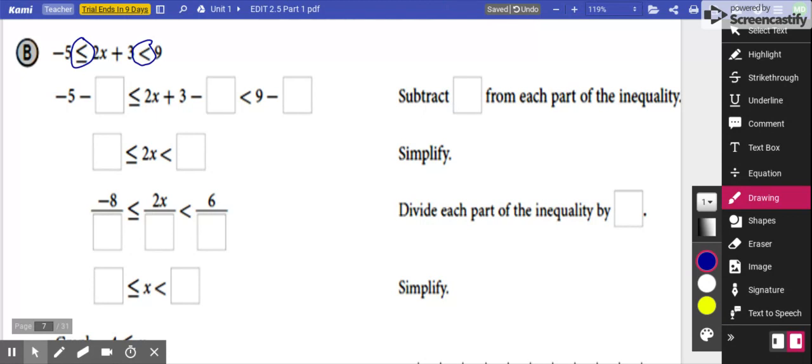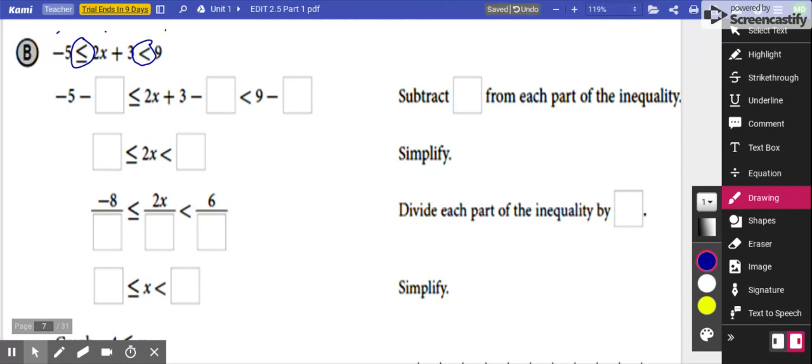If you do not want to separate them into two inequalities, we're going to do all of my steps at the same time. Whatever I do to one piece of my inequality, I have to do to my other pieces as well. So I have my left piece, my middle piece, and my right piece.